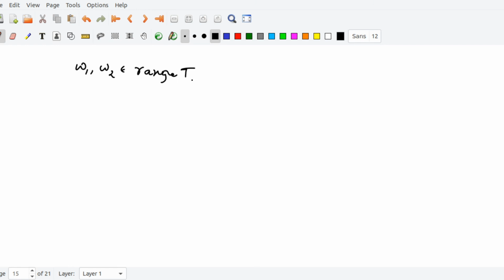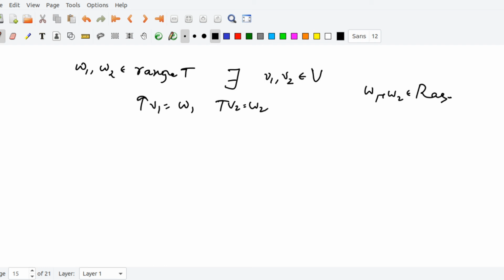Since W1 and W2 belong to the range space, there exist two vectors V1, V2 in capital V such that T of V1 equal to W1 and T of V2 equal to W2. We have to show that W1 plus W2 belongs to range of T. That is our requirement.